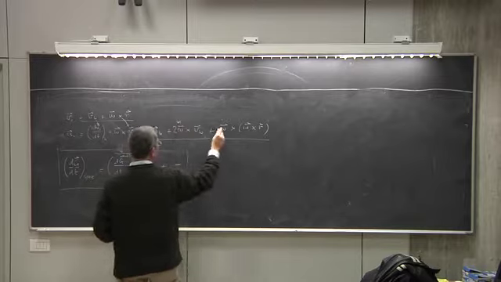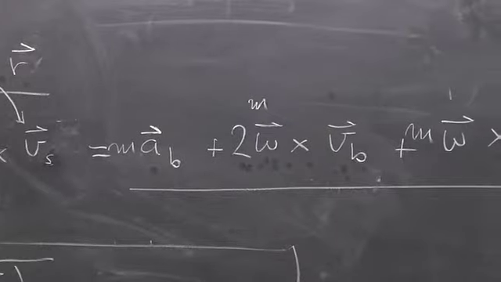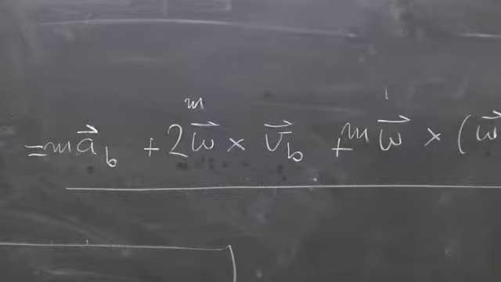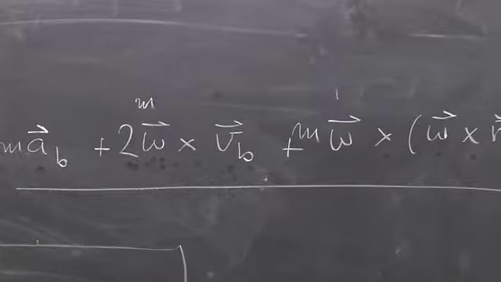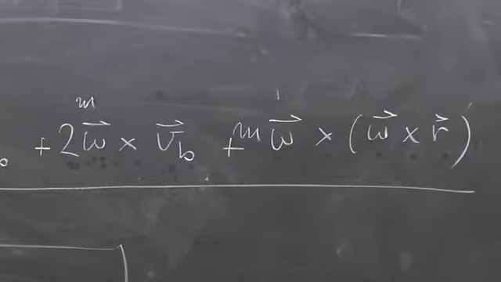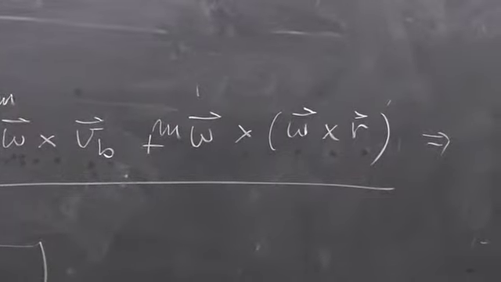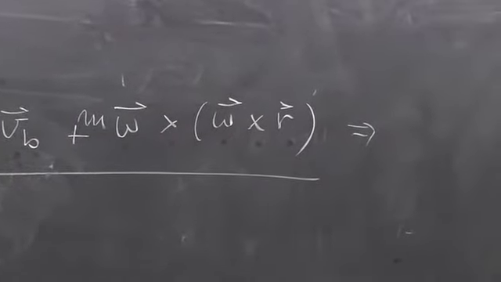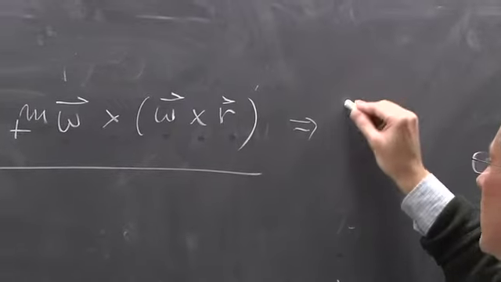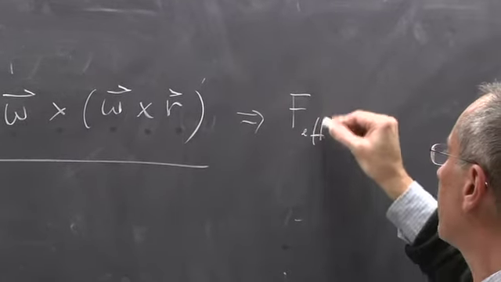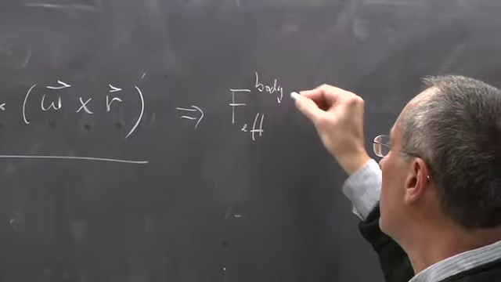If I multiply an acceleration by the mass, I have the force. And so you see I can write, now let's say we want to compute the effective force, the force that you perceive on the body.